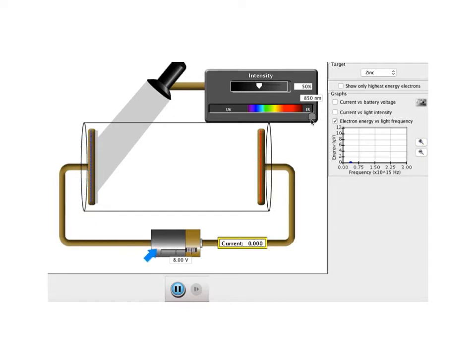Because the metal plate here is connected to the negative terminal of the battery, this becomes the cathode, and it has an excess of negative electrons on its surface. The zinc plate on its surface will obviously also have an excess of electrons because it's connected to this plate.